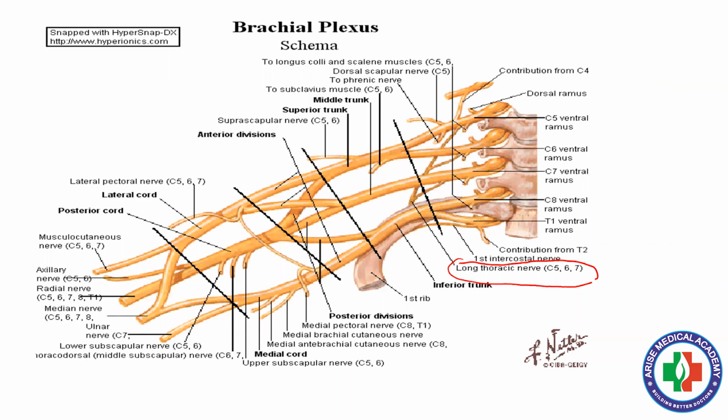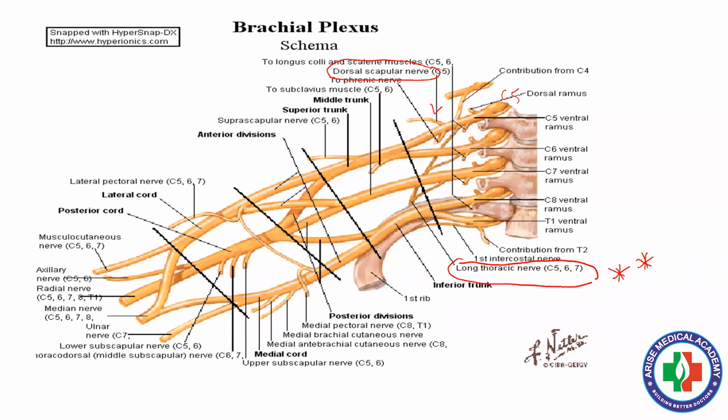And only from C5 you get another nerve. This is your dorsal scapular nerve. For the image, it is important that you identify or pick up the long thoracic nerve. So from C5 you get the dorsal scapular nerve, and from C5, C6 and C7 you get the long thoracic nerve.